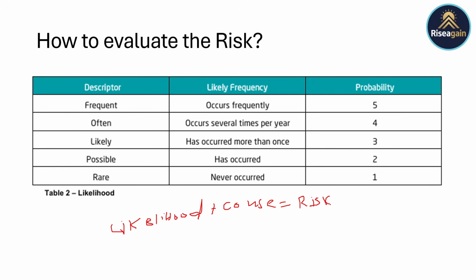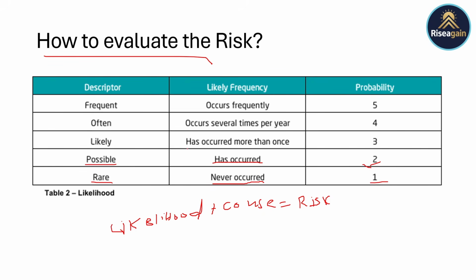So how to identify the first thing, likelihood? This is based on ADOSH. ADOSH has already defined that whenever there are chances of occurrence, like never occurred in the history, we can say it is rare and we put level 1. If the incident has occurred once, we can say it is possible and we put 2.